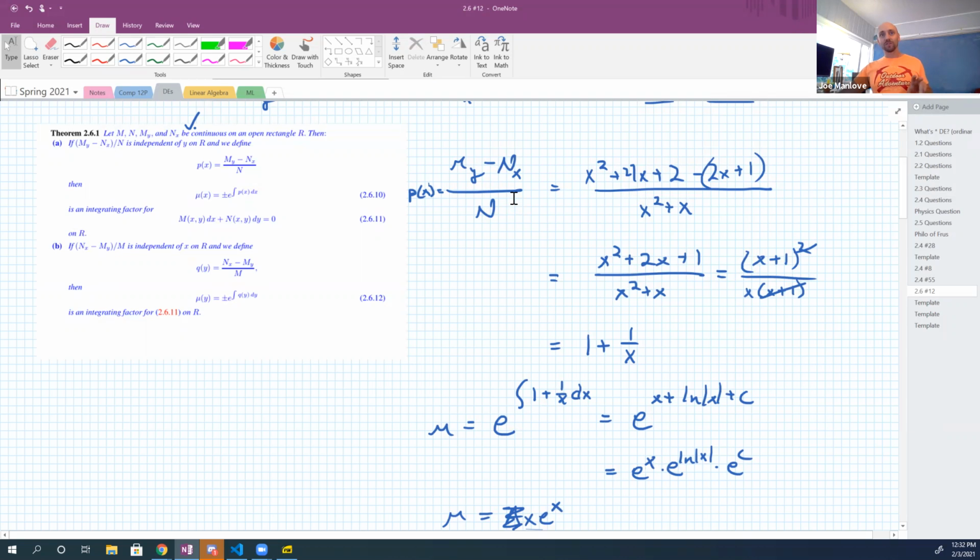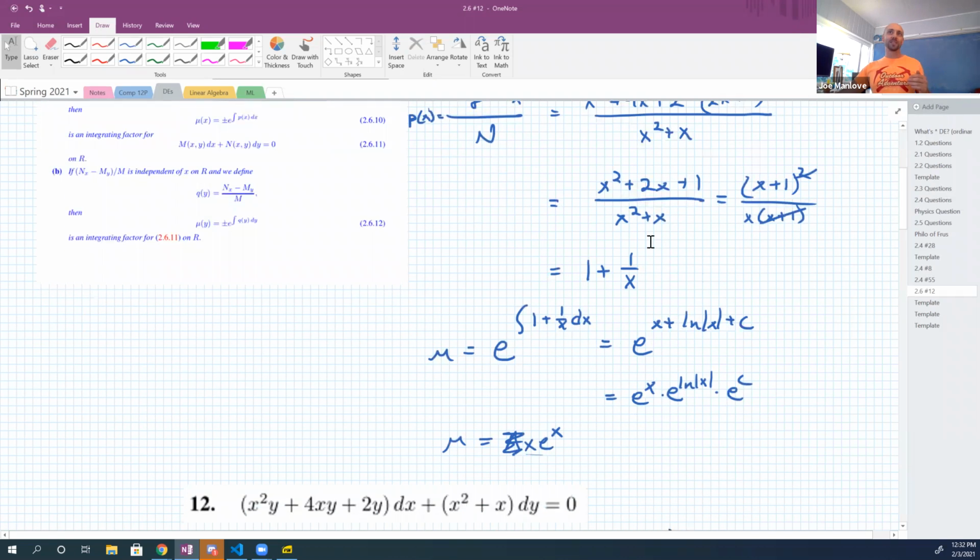The second source of skepticism was once I found this, it should work so long as I integrate correctly. And so if I made some kind of flub up in my simplification or my integration, that's on me, right? If I performed that operation correctly, then this thing is an integrating factor. Because I'm confident that p is only a function of x, there is an integrating factor, but I may have botched finding it.